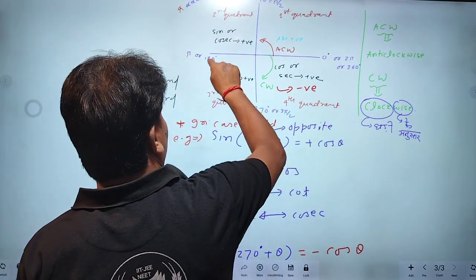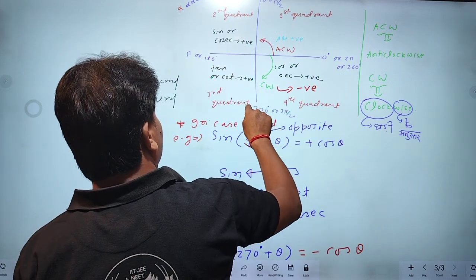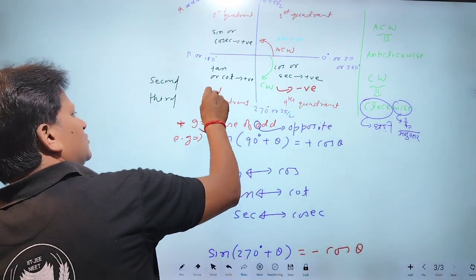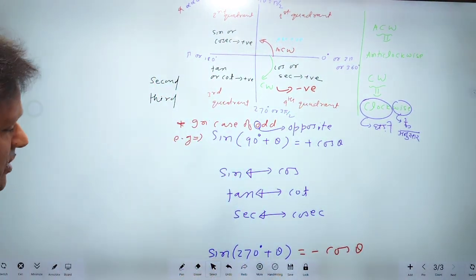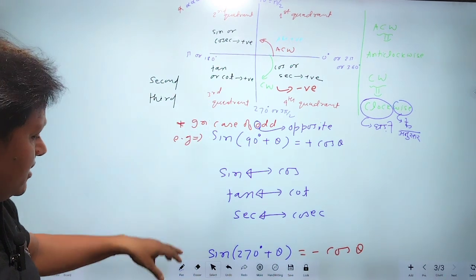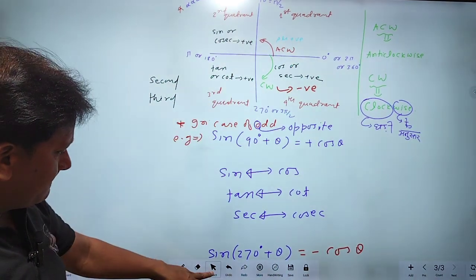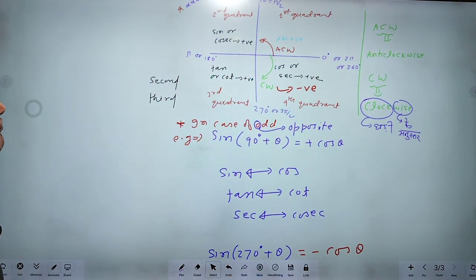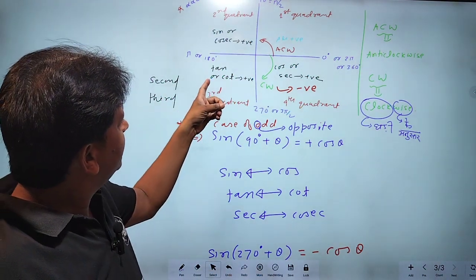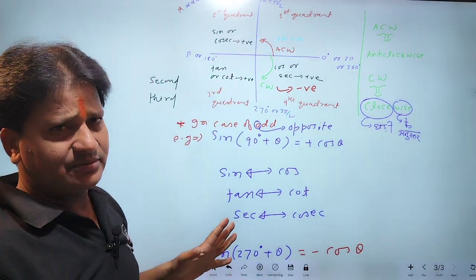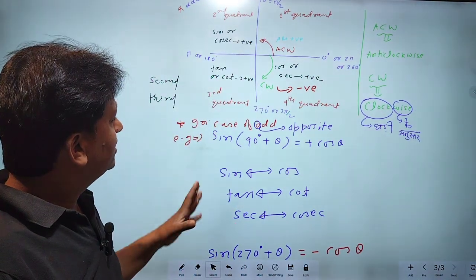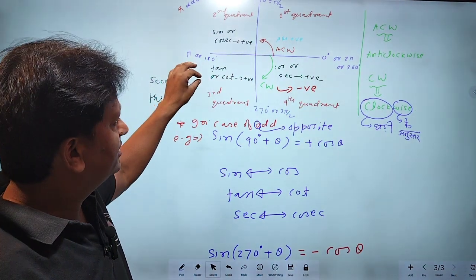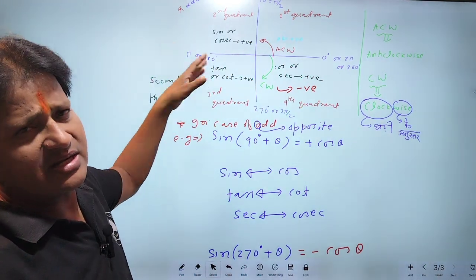If you move in clockwise direction, then you will go to third quadrant. Here I observe that only tan or cot are positive, but remaining trigonometrical ratios such as cos, sec, sine, etc. are negative.